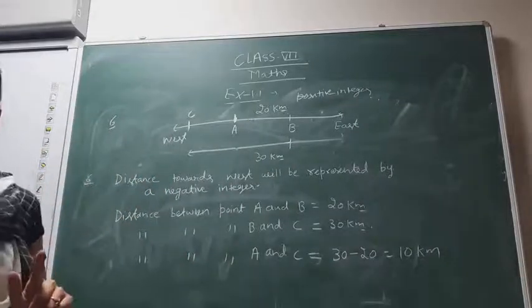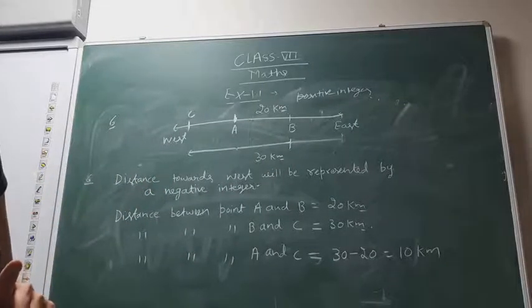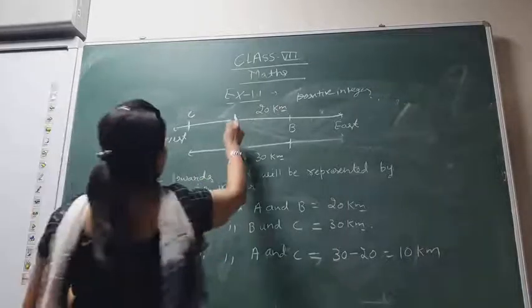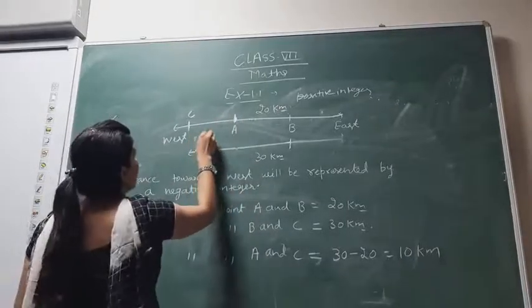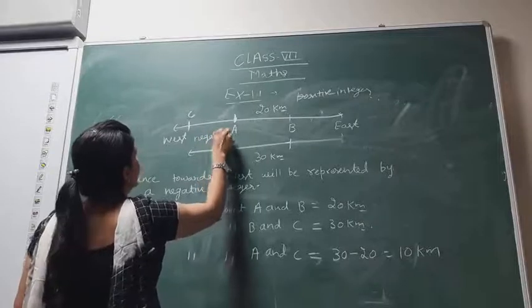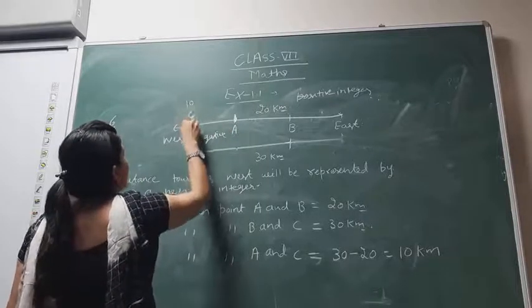Now we have to tell by which integer will you represent the final position. We say this represents negative, and it is here at 10.